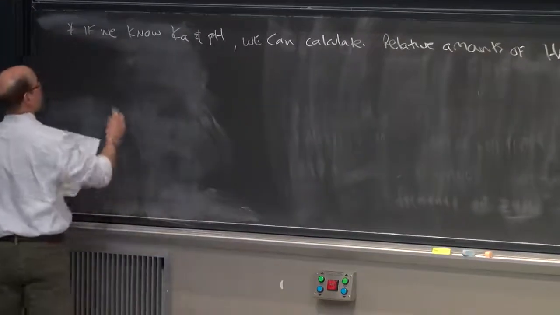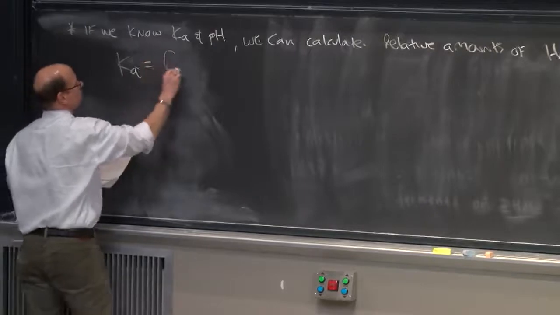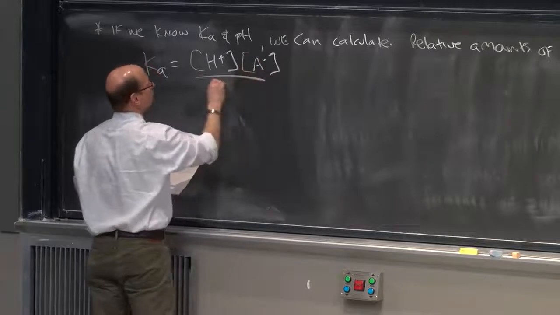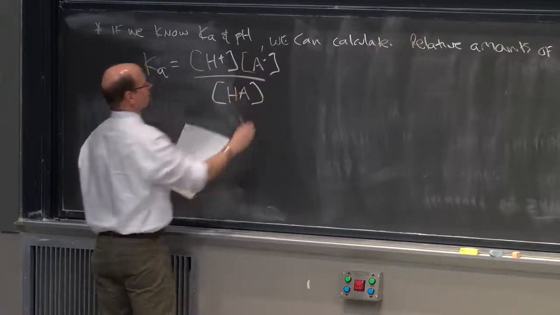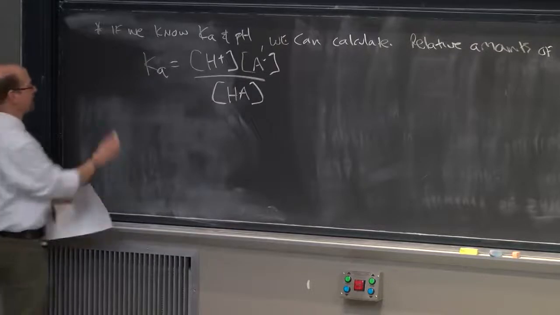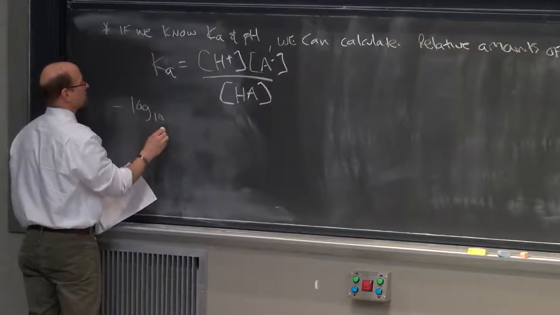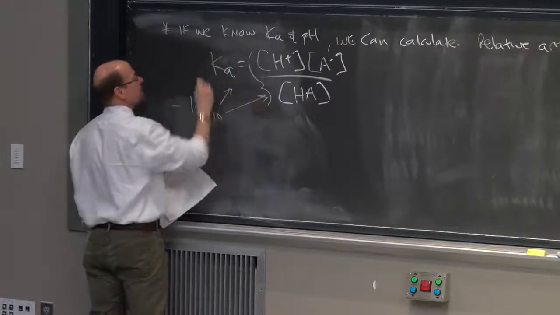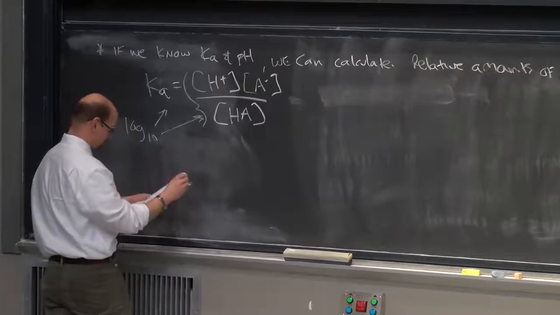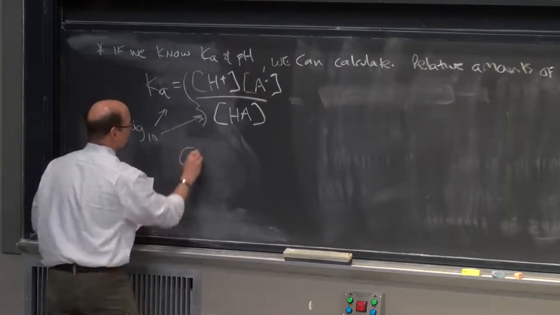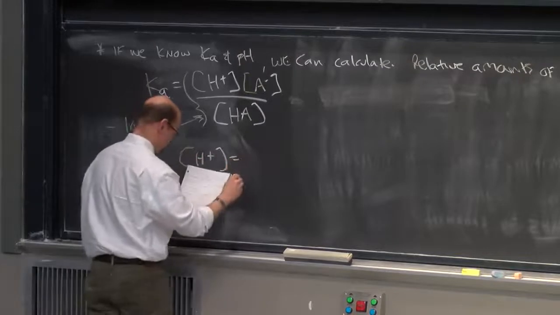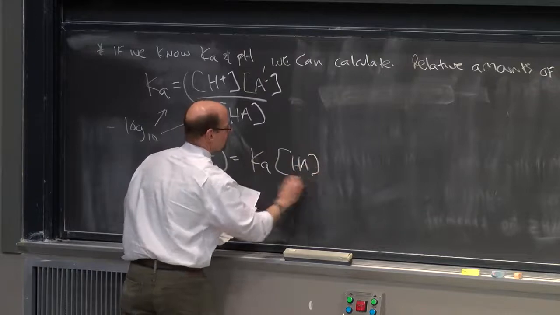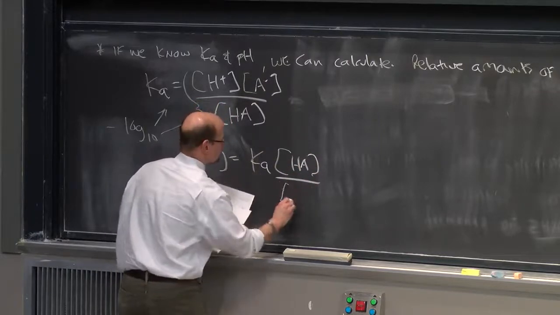You would agree that we agreed that Ka, being a dissociation constant, reflects H plus A minus over HA. This is just a statement of chemical equilibria. And I can take the minus logarithm to the base 10 of this side and of this side, and look at what I get. The proton concentration is equal to Ka times HA divided by A minus.